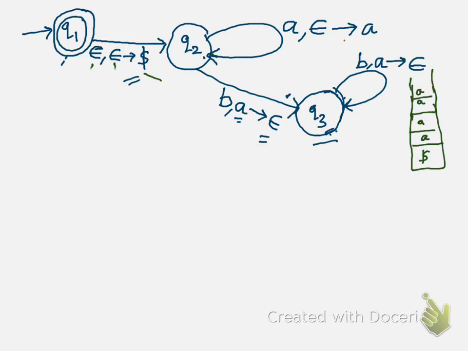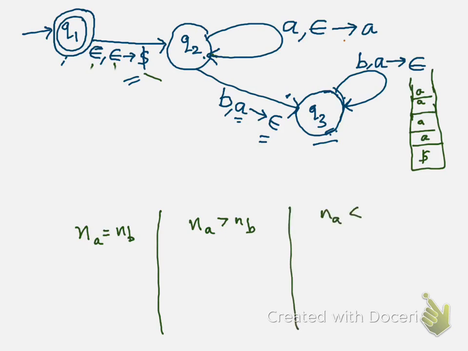On seeing B's, I am popping them. Now what will happen? So there can be three conditions in a string. Assume that your number of A's can be equal to number of B's, or your number of A's can be greater than number of B's, or your number of A's can be less than number of B's.